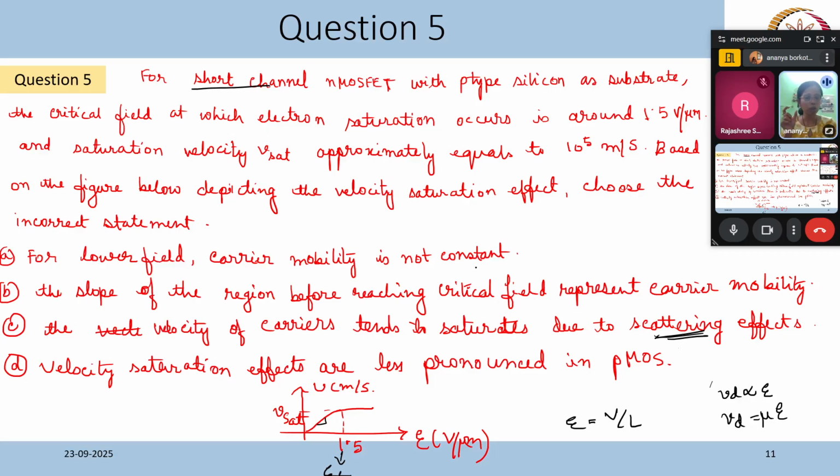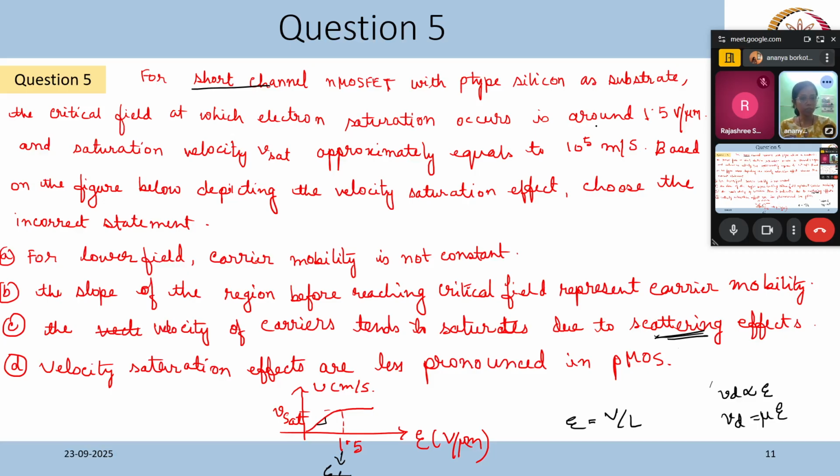So in short channels, if our channel length is very small, this condition may arise that our electric field reaches the critical electric field or is nearby. In that case, we cannot define mobility. We cannot use the expressions that we have used earlier. There will be a constant drift velocity v_sat, which is 10 to the power 5 meter per second.